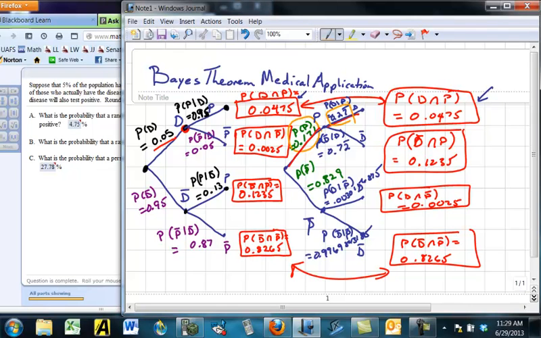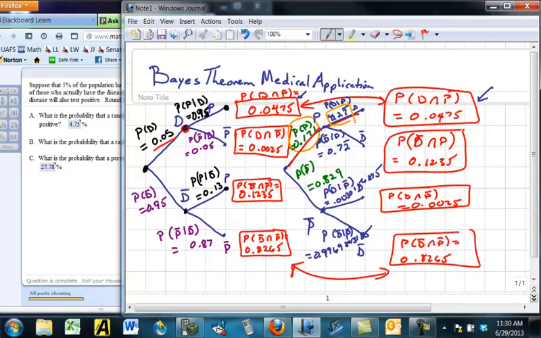So notice that we have a fairly rare disease. Only 5% of the population would have this disease at any time. We have a really high rate of testing where 95% of those who have the disease test positive.